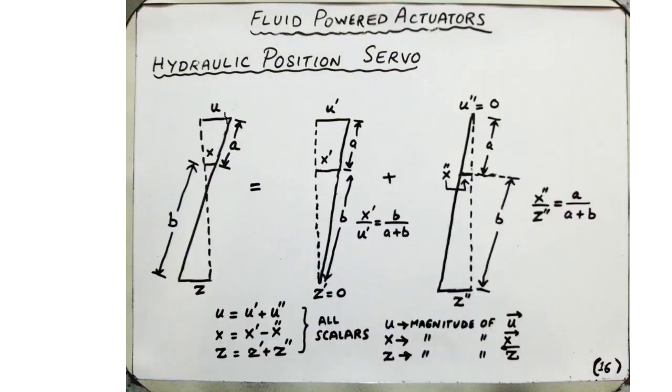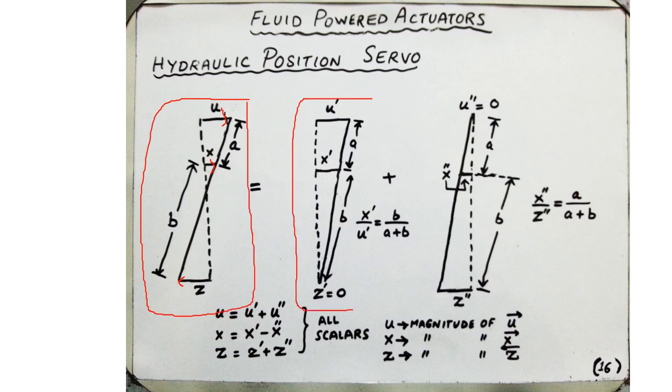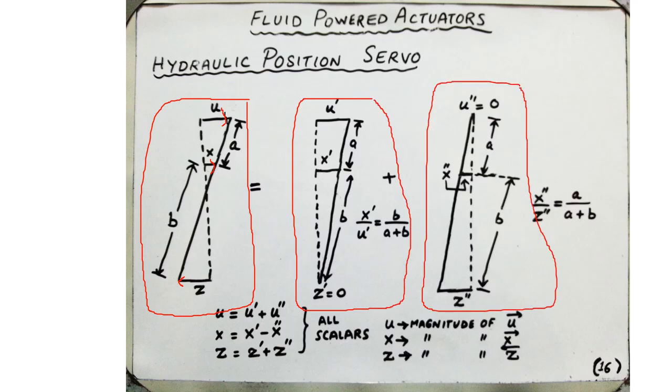So how do we do this decomposition? Well, we are going to consider the vector version of these displacements U, X, and Z, and we're going to say that this figure on the left hand side can be decomposed as a sum of these two geometrical figures, or set of triangles, put it in a different way.